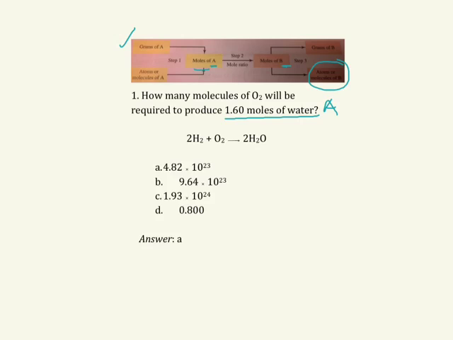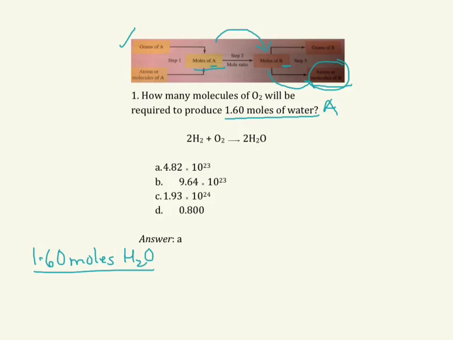So you're given moles of A and you have to find out molecules of B. So first we're going to convert moles of A to moles of B, and then we're going to go to the molecules of B. So moles of A is water. You write down that first: 1.60 moles of water.